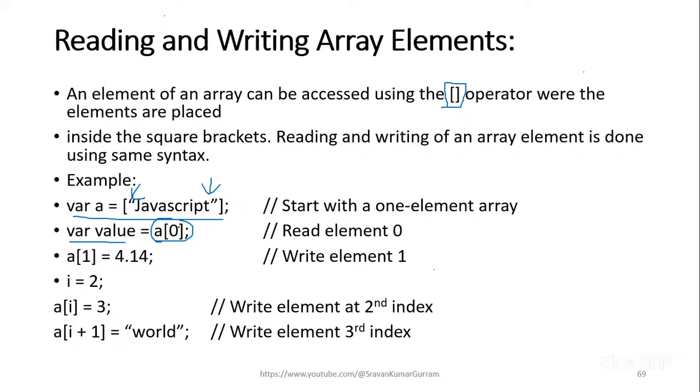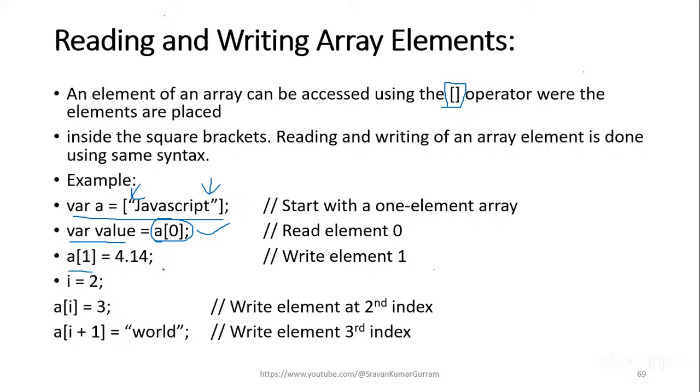What is the element available at index 0 will be assigned to the variable value. So this is how to access or how to read the data from the arrays. You can read or access the array element and use it as per your requirement. If you want to assign to any variable, you can assign it, or if you want to use it in any calculations, you can use that.